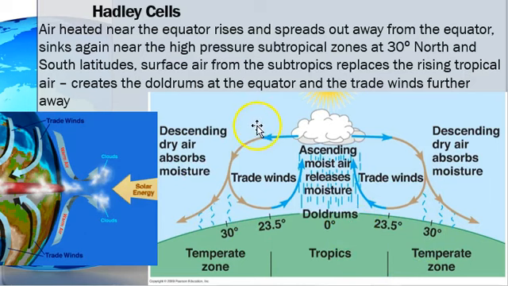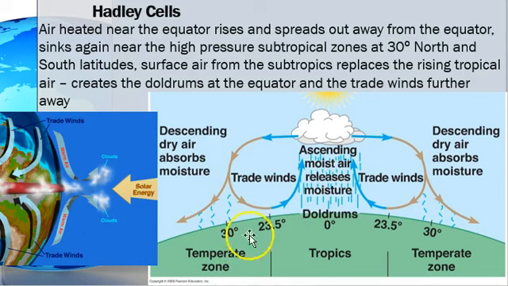So it's cooling here, it's sinking back down, and that's creating a high pressure zone. And then as it warms up again, as it gets close to the surface, it will go back towards the equator and push back up for low pressure all over again. This is what's actually creating those doldrums at the equator. It's creating the trade winds that move in between, and it's creating that high pressure zone at those horse latitudes.